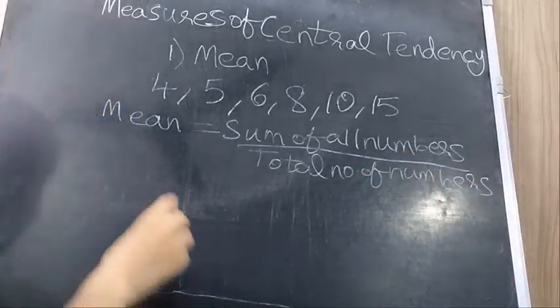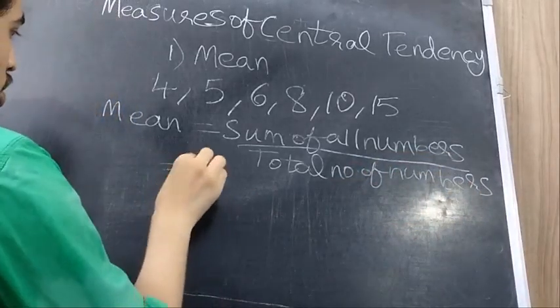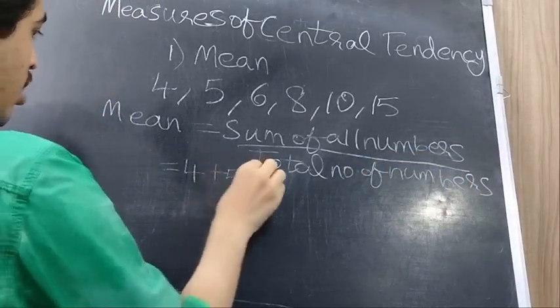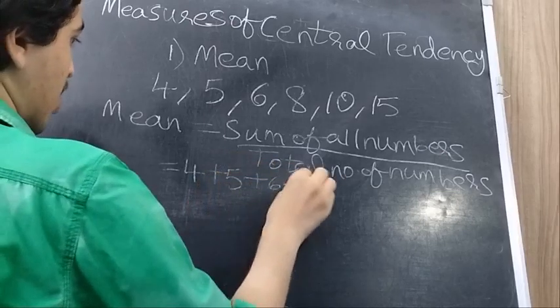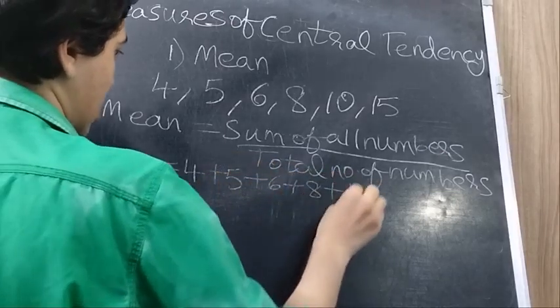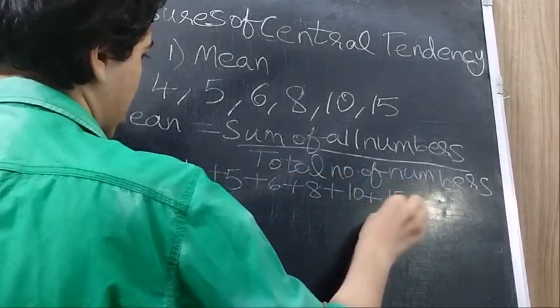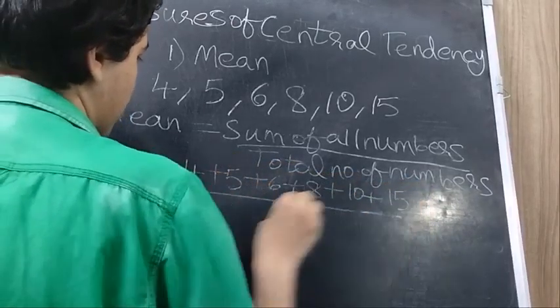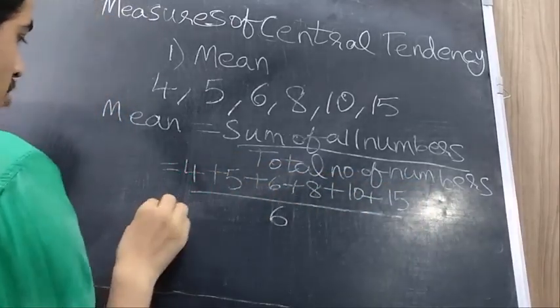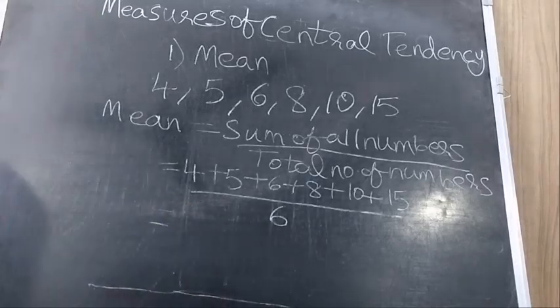So first sum, 4 plus 5 plus 6 plus 8 plus 10 plus 15 by total number of numbers, that is 6. How much will you get by adding the numbers? That is 48.